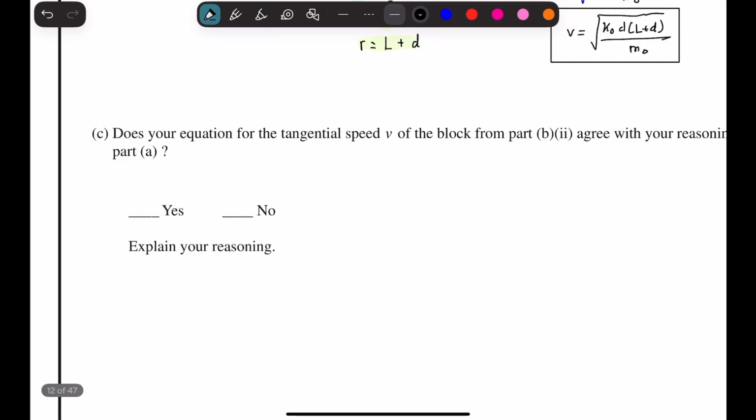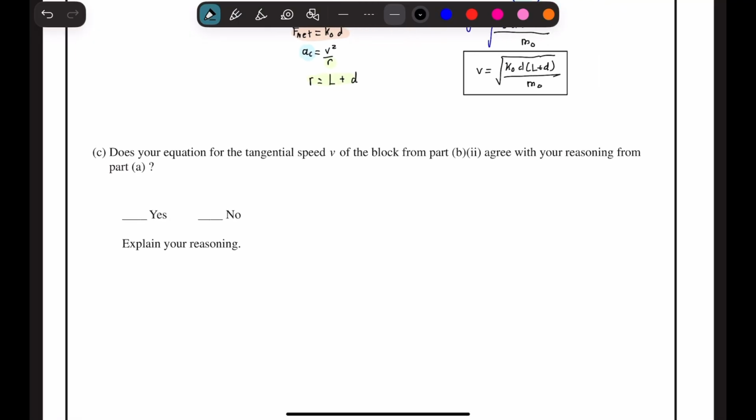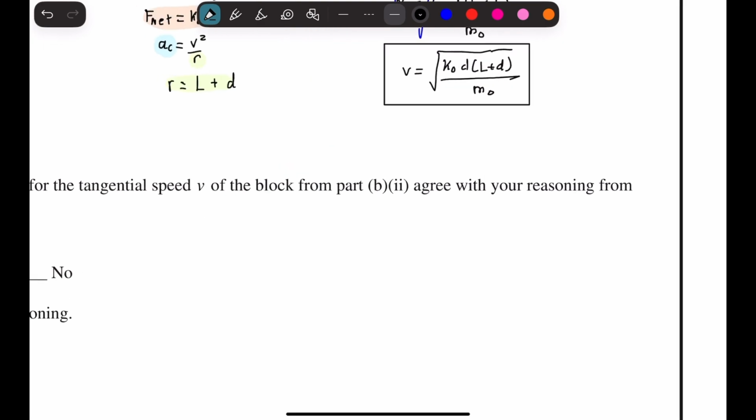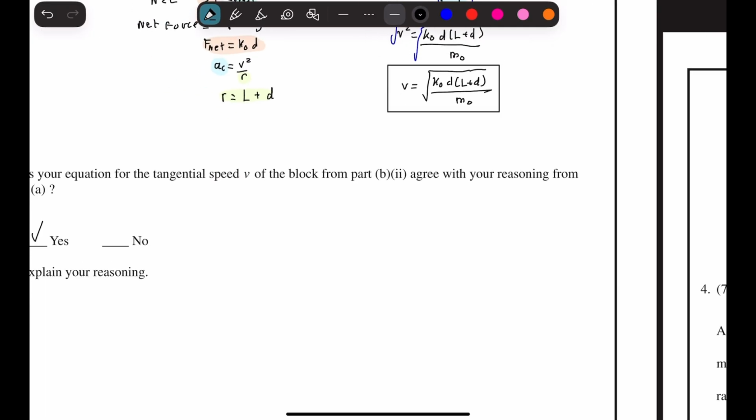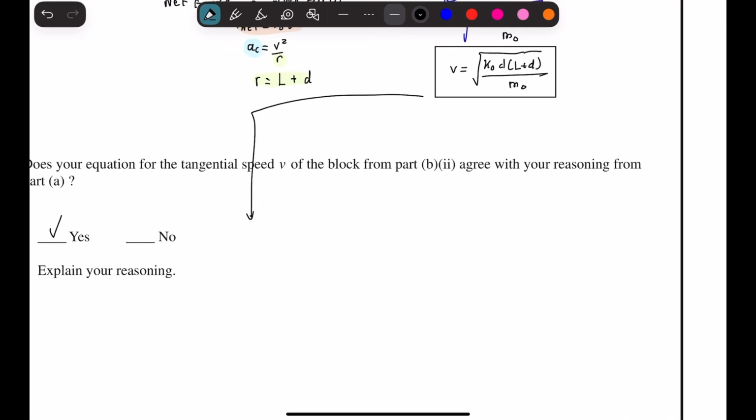Does your equation for tangential speed v of the block from part B2 agree with your reasoning from part A? Yes, it does. From part B, we have v is equal to the root of k initial times d times L plus d divided by m initial. What this equation shows is that as the stretch d increases, the tangential speed v also increases.